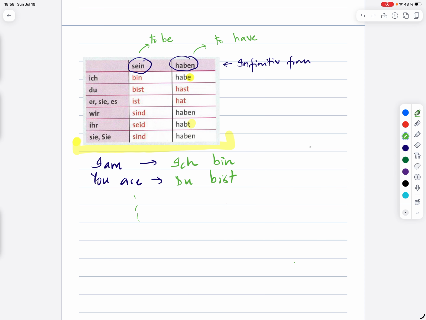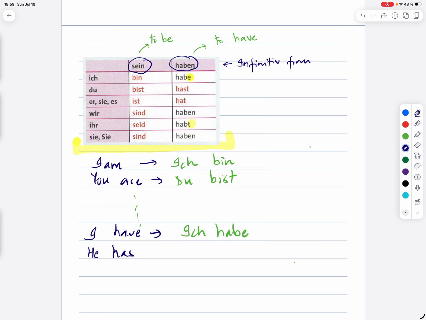And so on. And in the same way, we have haben. So let's try haben. I write I have. In German, it will be ich habe. Then, for example, let's do he has.